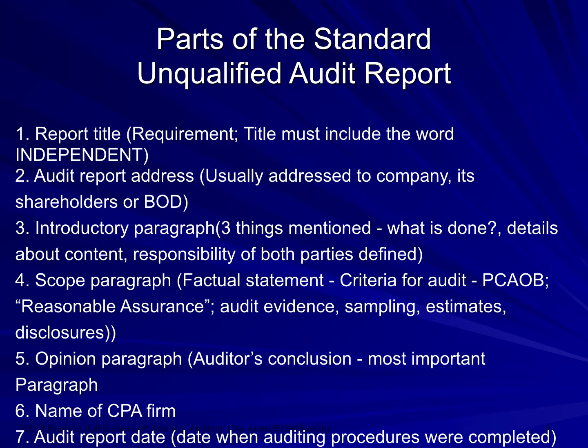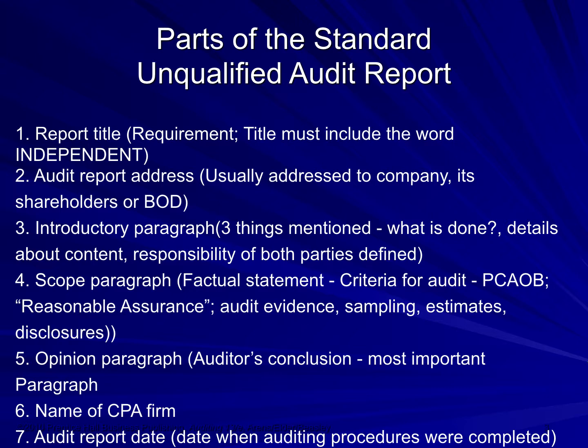Now let's discuss the parts of the standard unqualified audit report. The unqualified audit report has a format and it has a report title, and the second part is the audit report address.